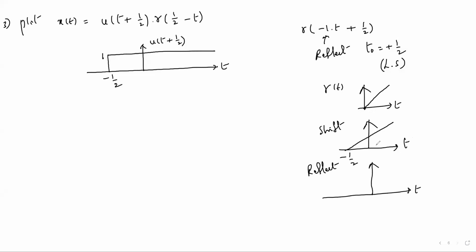This shifted version, after reflecting, is nothing but the mirror image with respect to the y-axis, so we'll get it like this, the graph starting here at plus 1/2. So this is the equation r of 1/2 minus t. So let us consider this graph now.